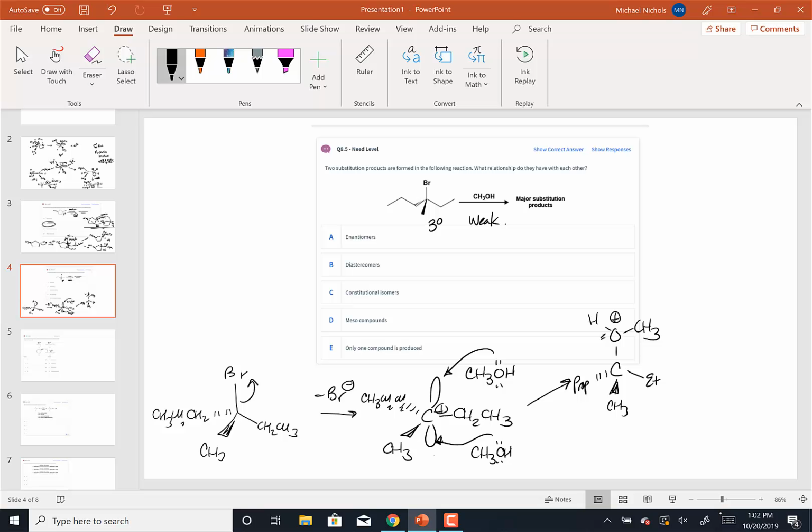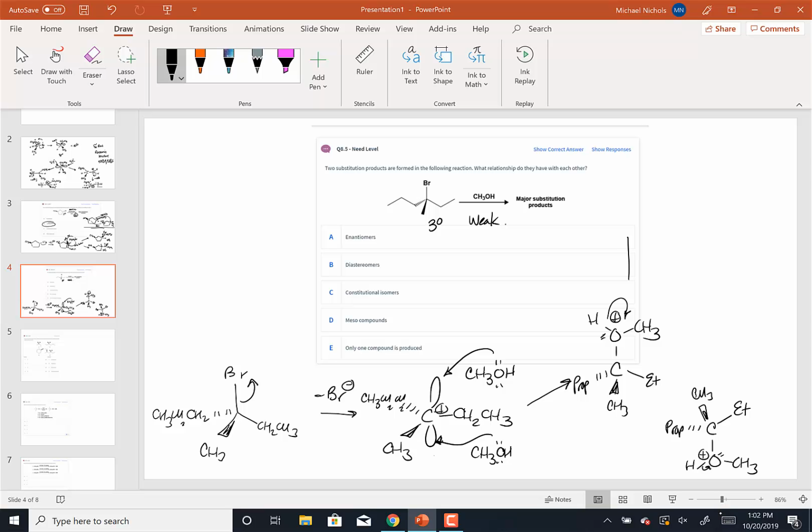And when the CH3OH adds from underneath, I'm going to have this oxonium ion with the ethyl group, the CH3, and then the propyl group on the dashed wedge. And the final step in the mechanism is to break the OH bond and give the pair of electrons back to the oxygen.